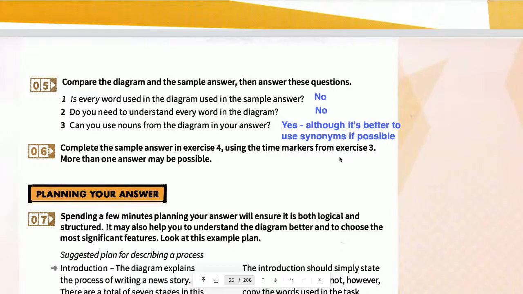Yeah, like similar words or phrases. Okay.